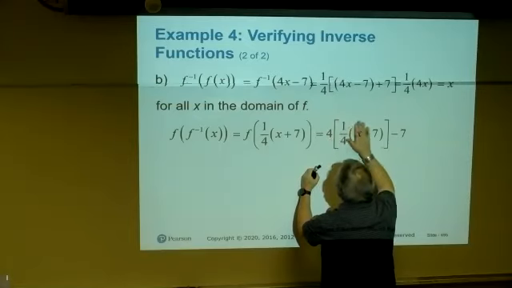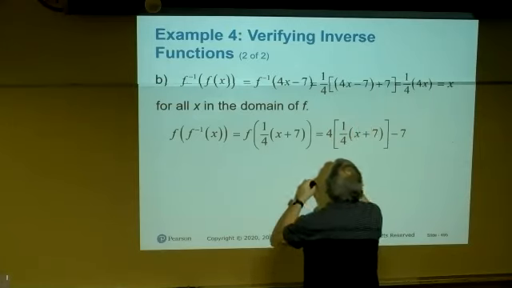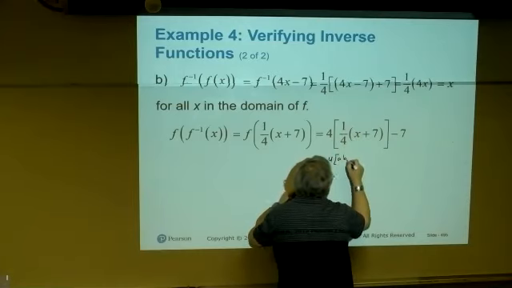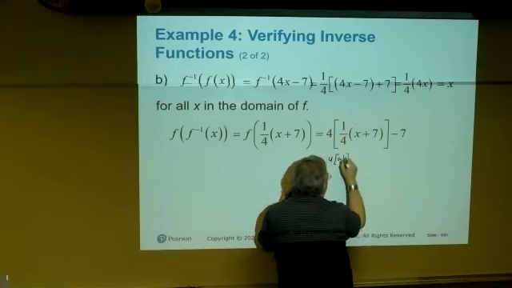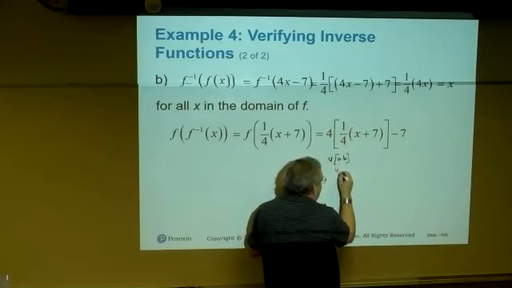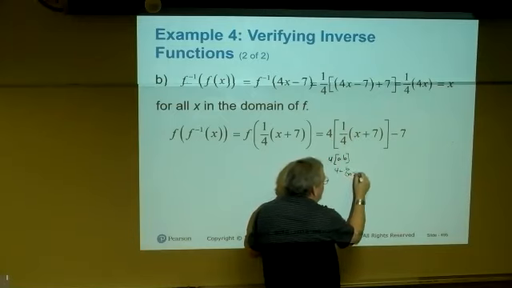Because I have 2 things in here, I have A and B. The reason I'm stressing this is because people really don't understand this part. This is just 4 times A times B, where B is the expression x plus 7, and A is the fraction 1/4.